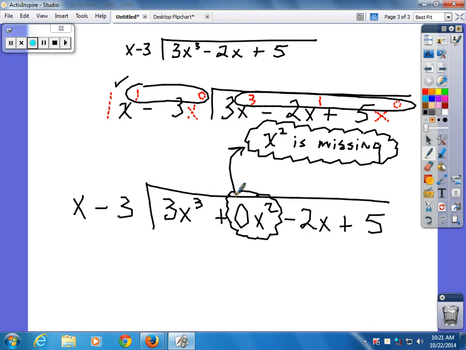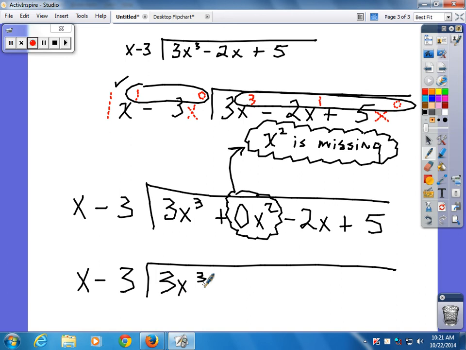A lot of people will write x minus 3 and then 3x to the third minus 2x plus 5. Some people put in a plus blank, some people just leave it blank. Whichever way you do it is fine with me, as long as you use long division and realize that something is missing.